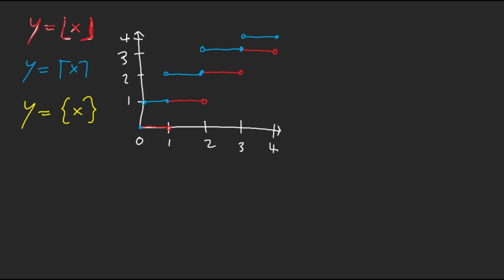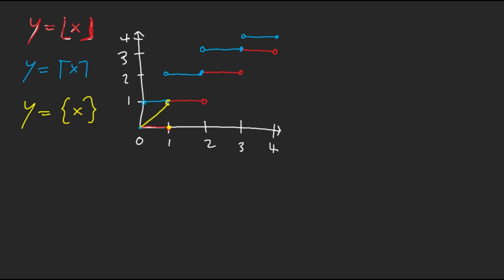So what I really like about fractional parts is that this function is just the decimal portion of it, right? So all it does is take the decimal, and if it equals a whole number, it just becomes 0.